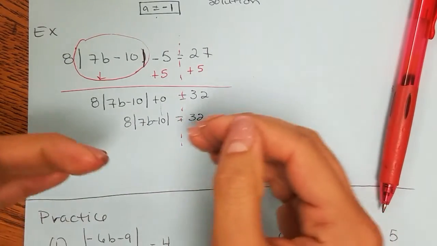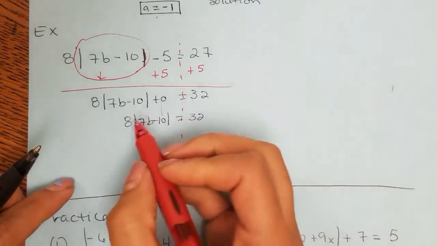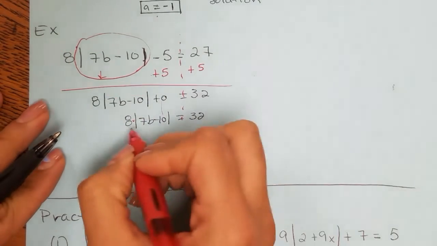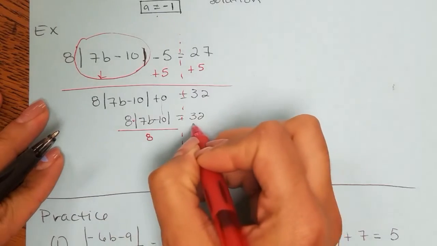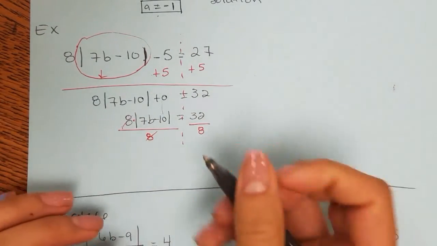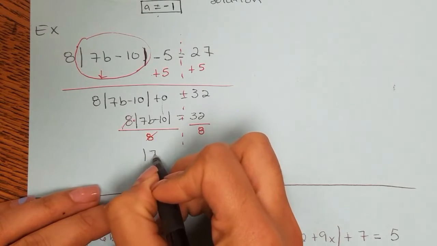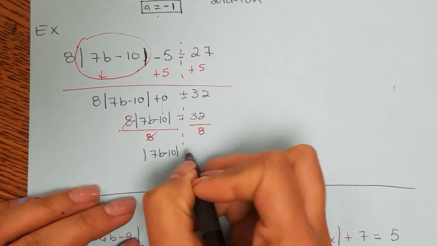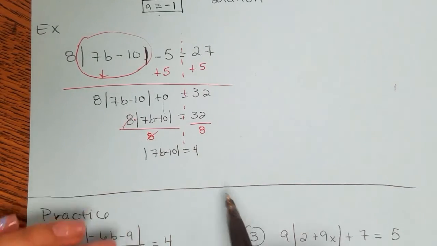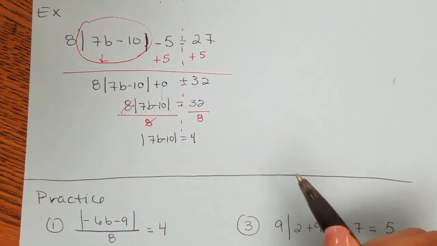Here, as we work our way outside into that absolute value, we see that we have an 8 on the outside that's being multiplied. So to get rid of it, we divide both sides. Those are going to go to 1. So we're left with the absolute value of 7b minus 10 is equal to positive 4. Okay, now that this is by itself, we can go ahead and split it up.